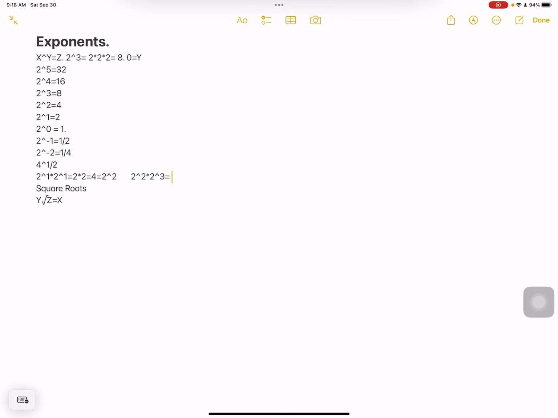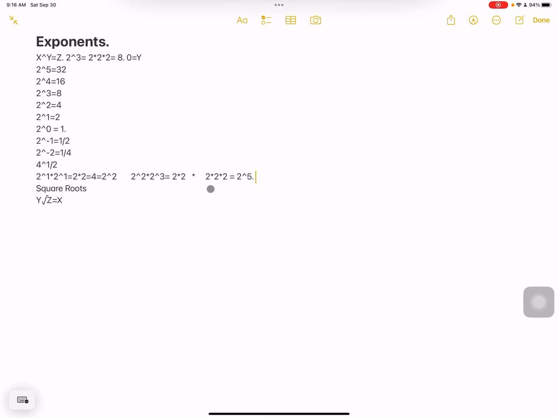Well, this would equal 2 into 2 into 2 into 2 into 2, which equals 2 to the power 5.